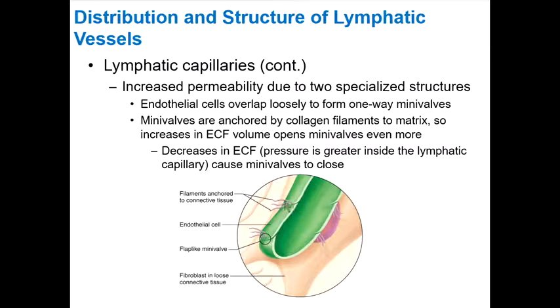These are collagen filaments that anchor the capillary to the tissue. So when the fluid pressure rises in the tissue or interstitial space surrounding the capillary, that forces the fluid through these little mini valves. Now, if the pressure decreases below that of the capillary, well, then fluid would want to rush out, but it can't because the valves would be forced shut. So this specialized structure allows fluid to be forced in, but is not allowed to escape.